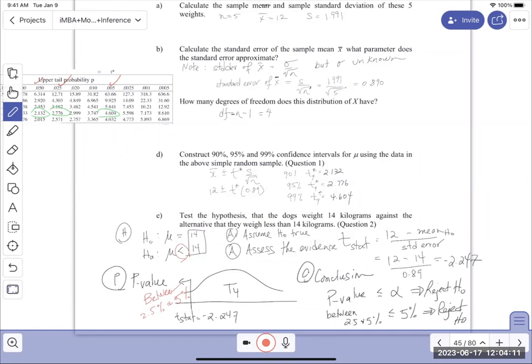You agree that between 2.5 and 5% is smaller than or equal to 5%. So that equal really comes into play, right? In this case, you do reject H naught. So it means that we have evidence that the weight is less than 14 kilograms.